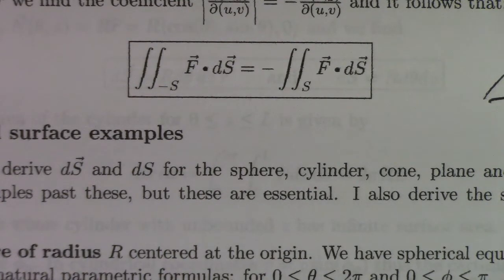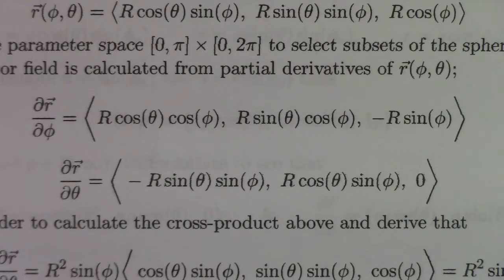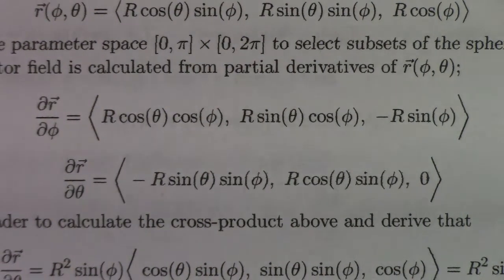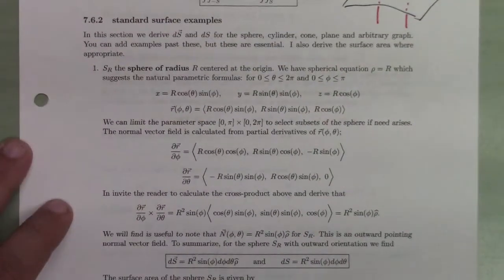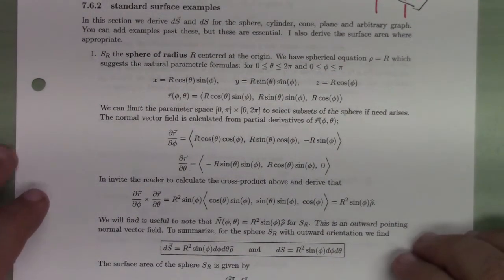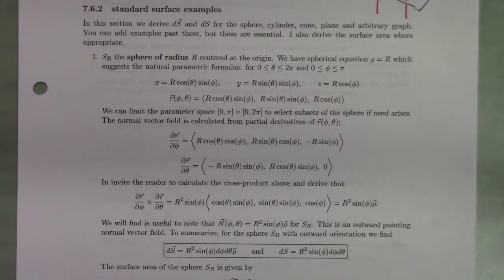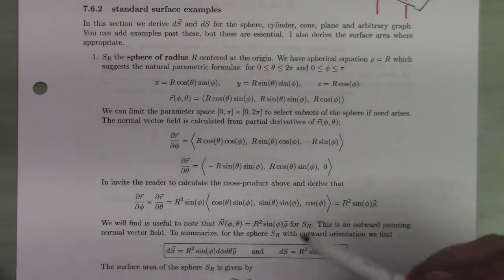And so what I now proceed to do is to derive the formulas for the infinitesimal vector surface area element, as well as the scalar surface area element, for some standard examples. You are free to refer to my notes. If there's an example like this in the homework, you may use these.